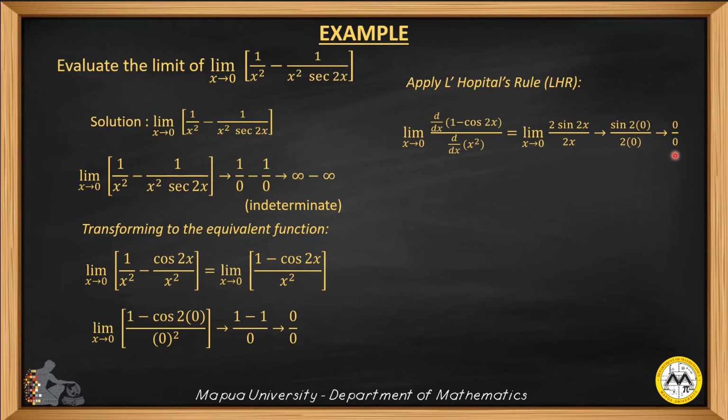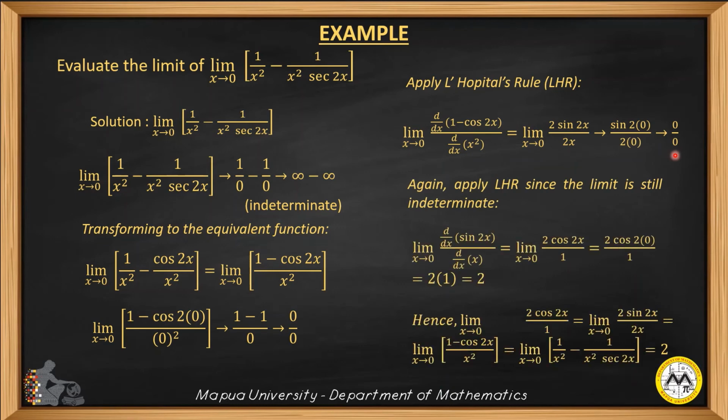Now with this new fraction, let's try to evaluate the limit as x approaches 0, and that would now result in a 0 over 0. It is still an indeterminate form. Remember, we said last time, for as long as the limit of a ratio is an indeterminate form, you can always apply L'Hopital's rule. So here we apply L'Hopital's rule the second time, and we work with the limit as x approaches 0 of the derivative of sine of 2x divided by the derivative of x.